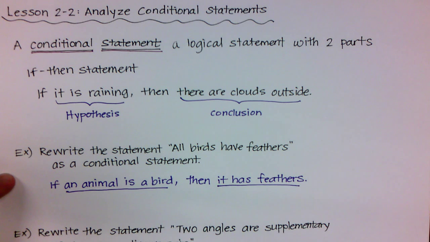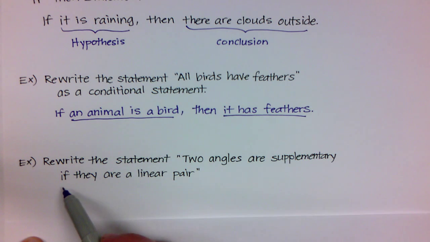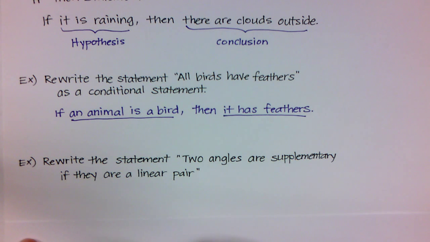Let's try one more. Rewrite the statement, two angles are supplementary if they are a linear pair. So in my example, I already have the word if in it. And this is already showing that there is some sort of condition. So I'm going to go with that.